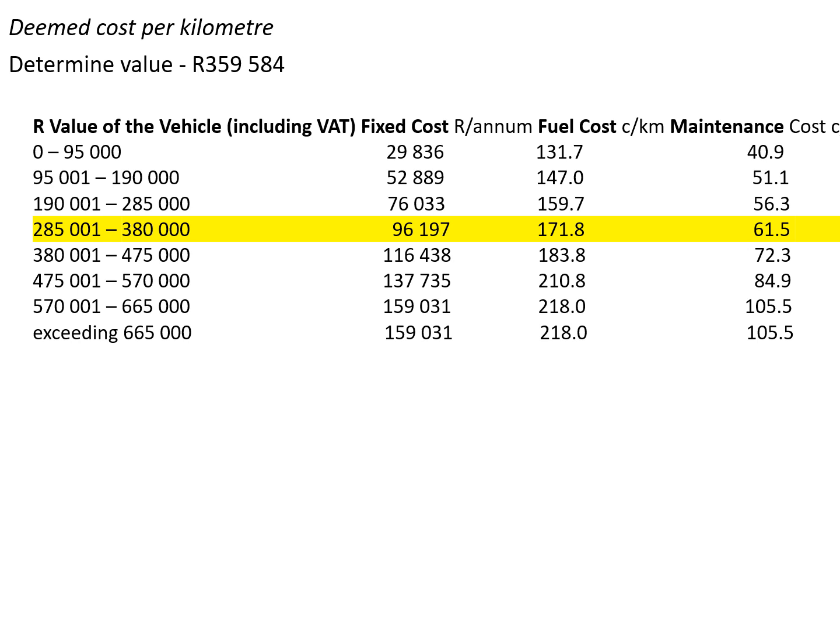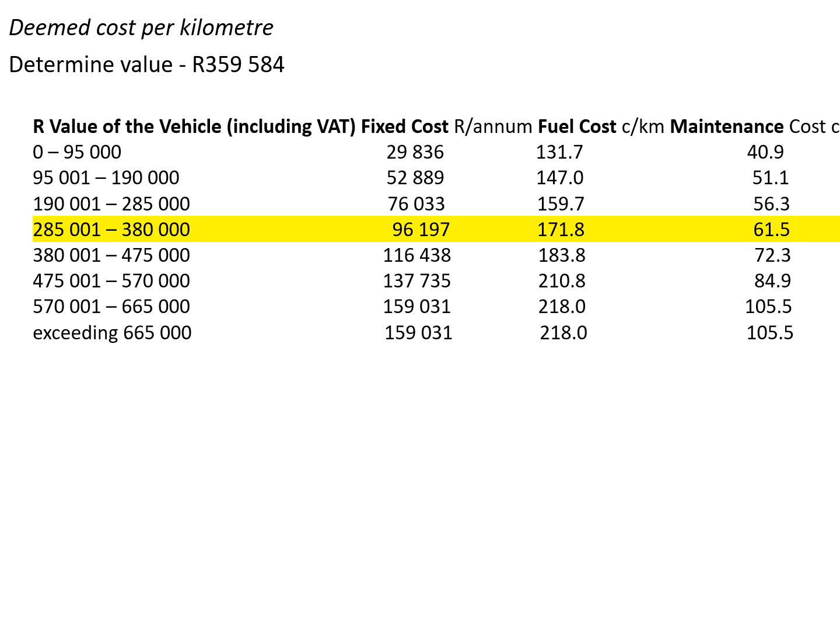And the fixed cost is the next column, which is a Rand value, and that is per annum. And then after that the fuel cost, which is cents per kilometer, and the maintenance cost after that also cents per kilometer. So now you must go see where the vehicle slots in the table.